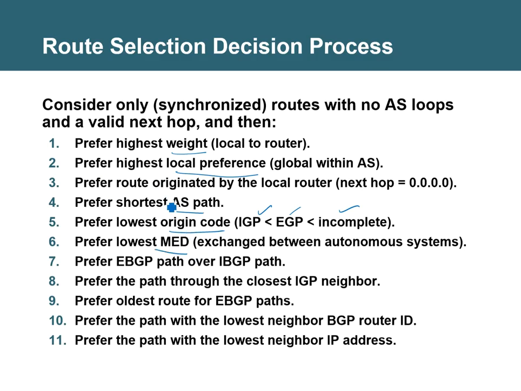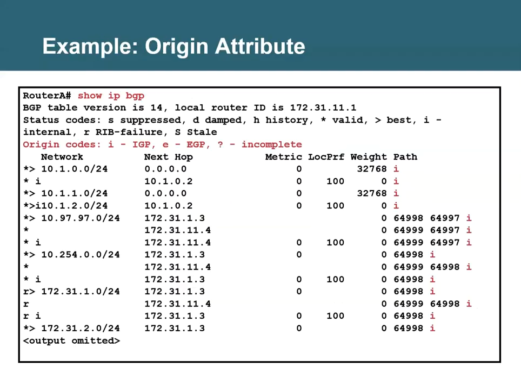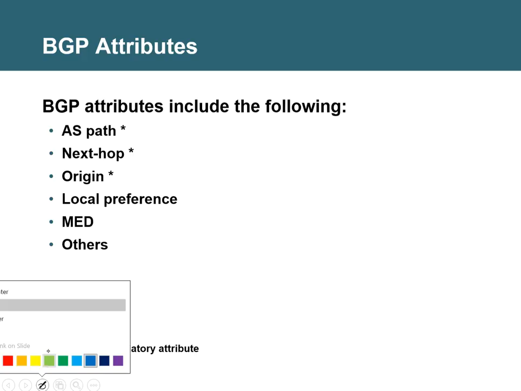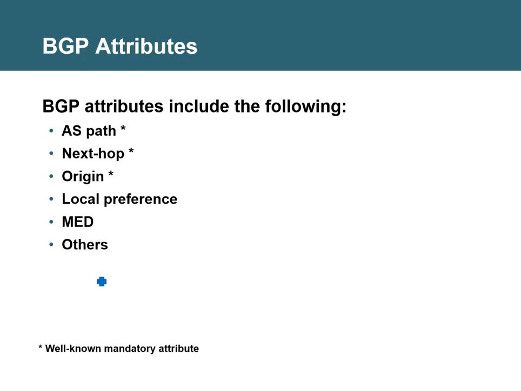These are all configurable, but eBGP over iBGP and closest are not configurable. But this is the sequence, this is the order. All right, now let's move back. These are the attributes we are going to learn in depth.